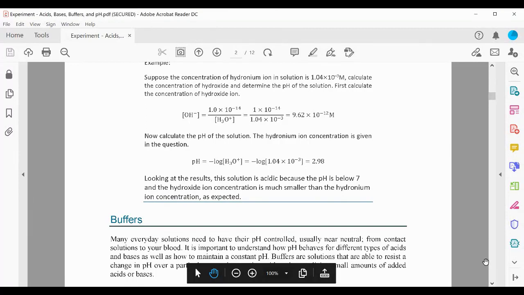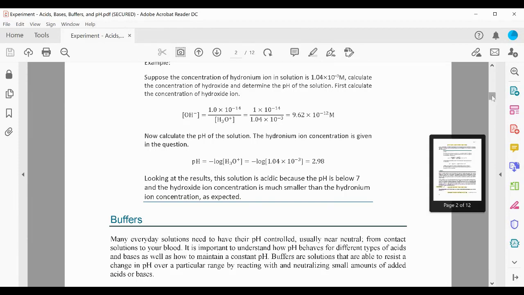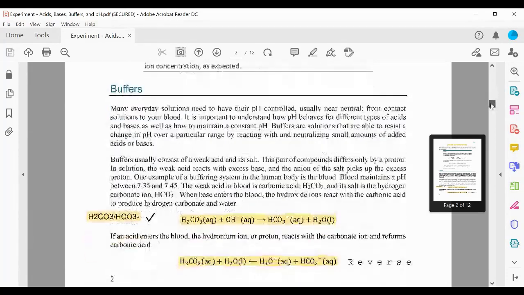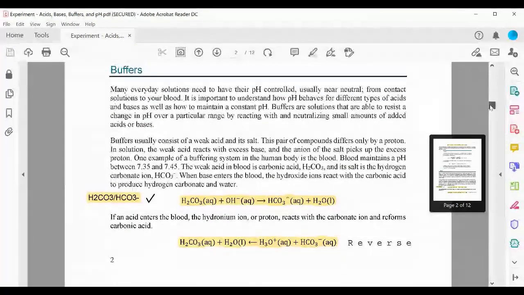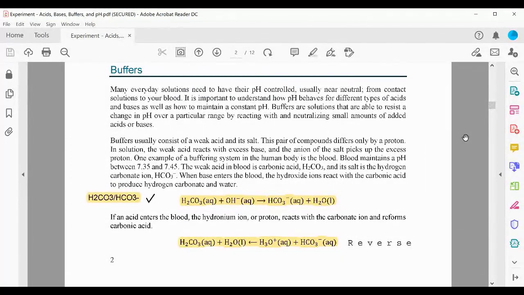Okay, so let's then go to buffers. Buffers, I mean, are simple, but you have to understand what they are and how they work.